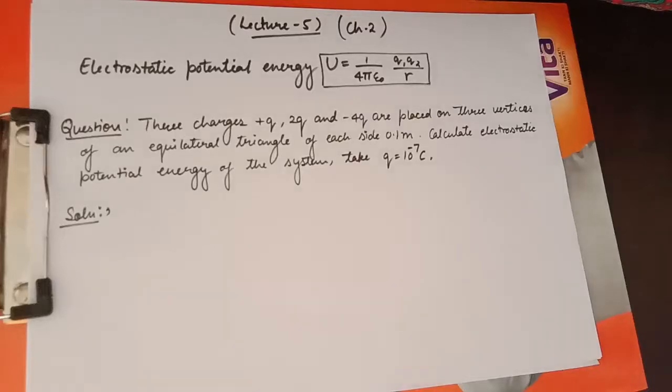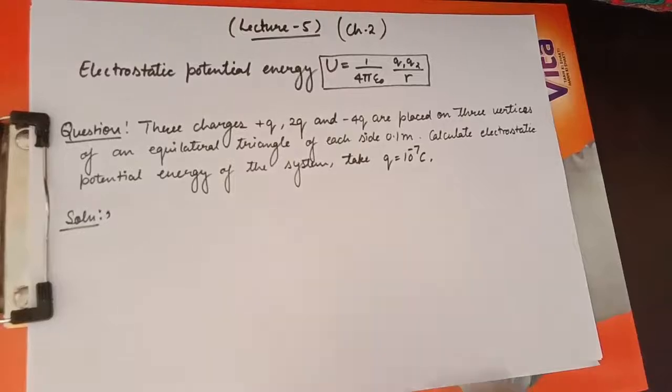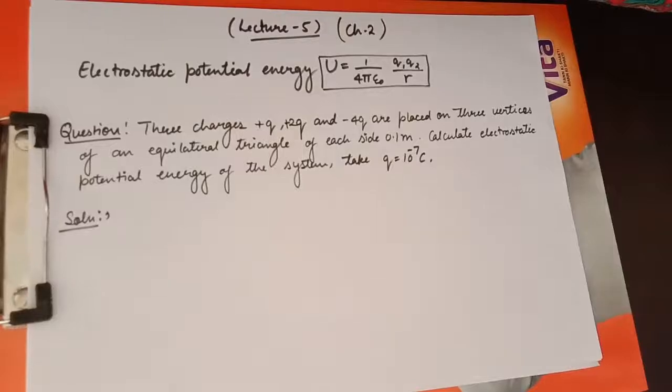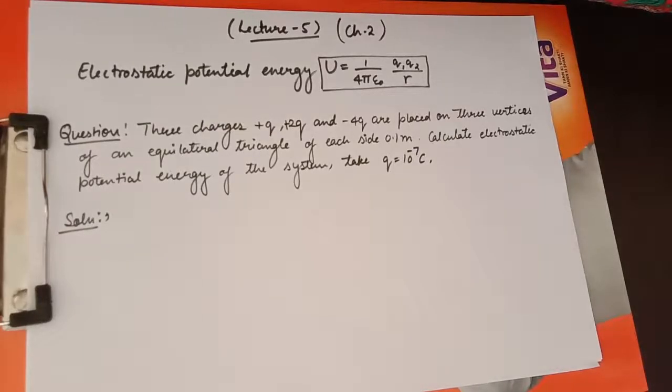So the question is: 3 charges plus Q, plus 2Q and minus 4Q are placed on 3 vertices of an equilateral triangle of each side 0.1 meter. Calculate the electrostatic potential energy of the system, and Q is equal to 10 raised to power minus 7 Coulomb.